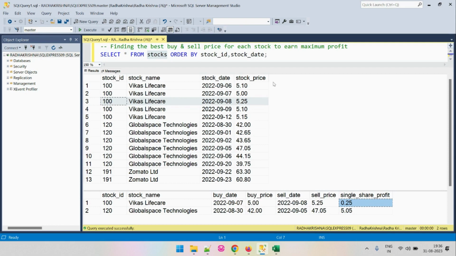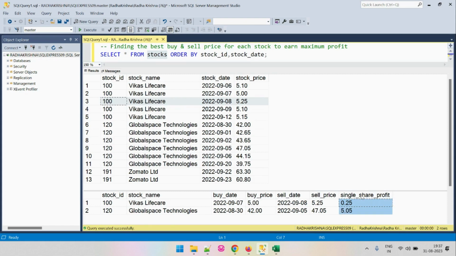Among all these entries, this is the best possible combination, considering that the selling has to be done after the buying, from the next day onwards. So for every share, we have to find the best possible combination of buy and sell such that we get the maximum profit.